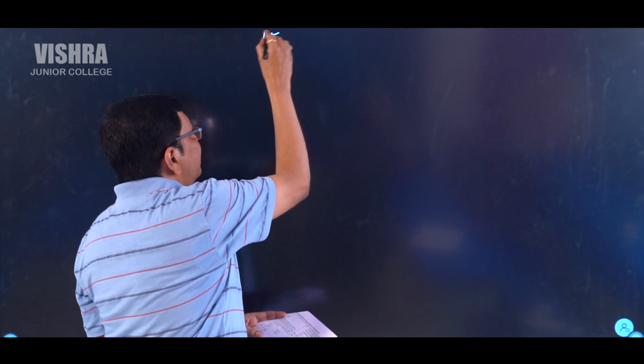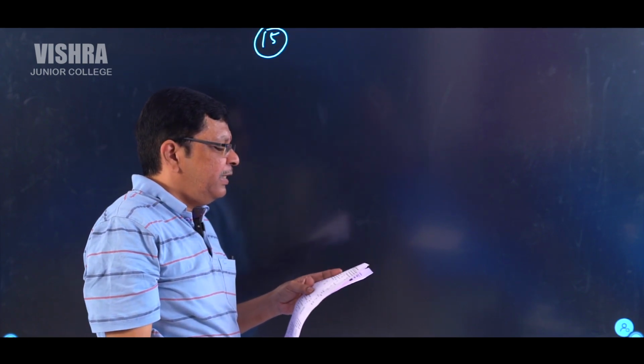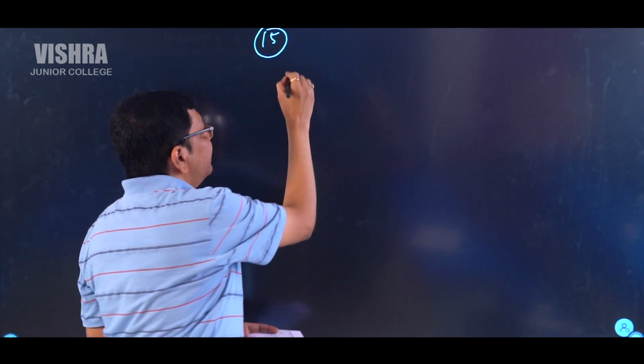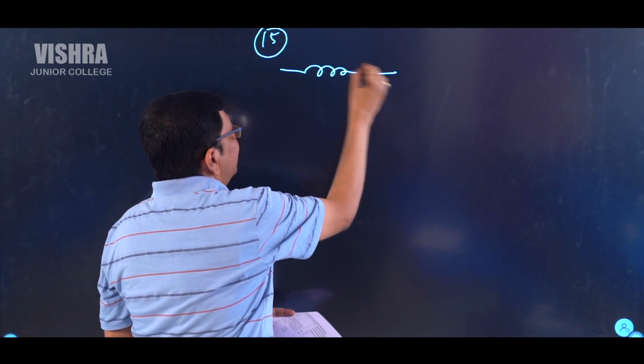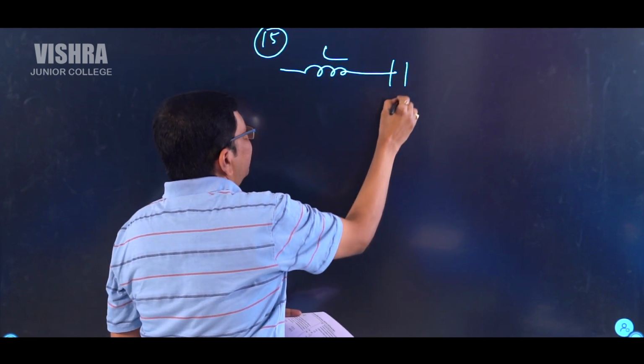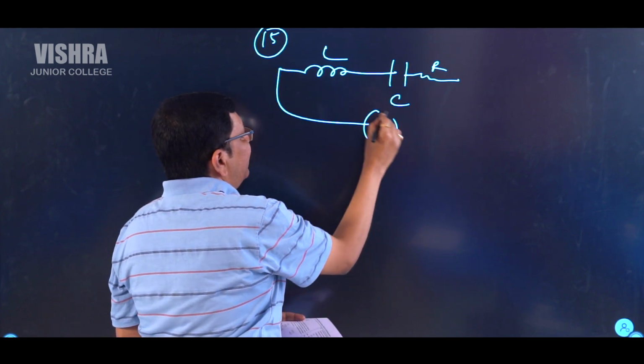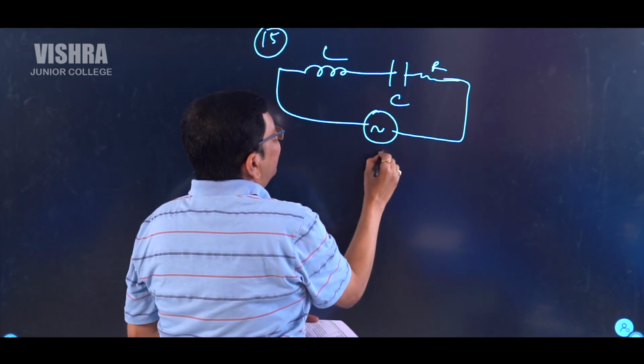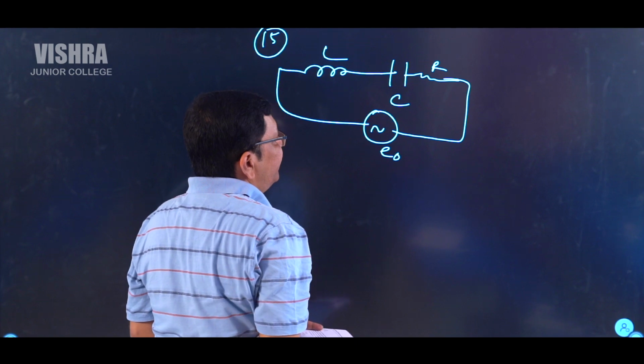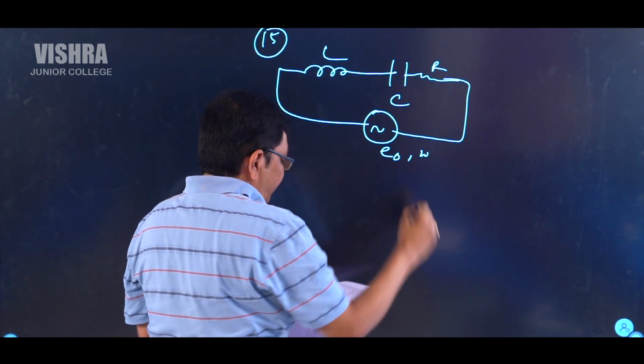In this question, he is asking about a series LCR circuit. Here in a series LCR circuit, a coil of self-inductance L, capacitor C, and resistance R are connected to an AC power supply of EMF amplitude E0 and some frequency omega.